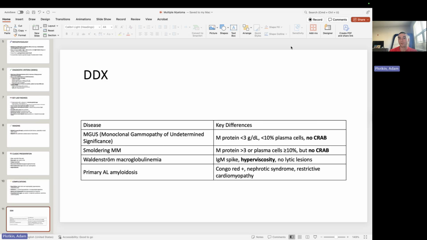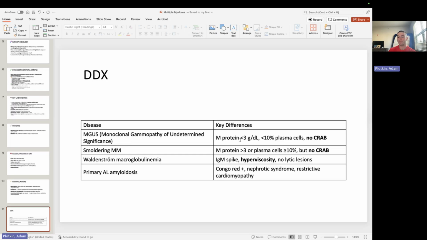So what is my differential for when I'm starting to think about plasma cell dyscrasias, right? Everything we've talked about. The way I think about it is, is this myeloma or is it something else in the same family, right? So there's what we call MGUS, or monoclonal gammopathy of undetermined significance.